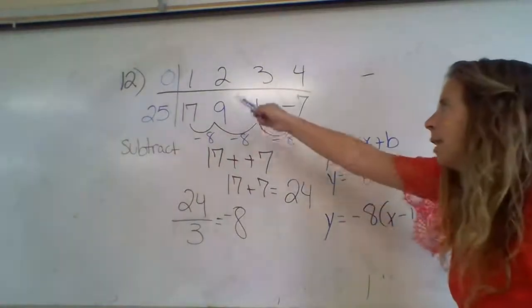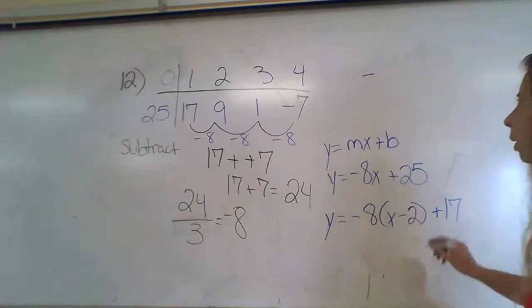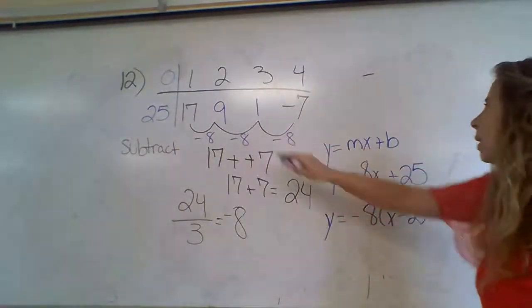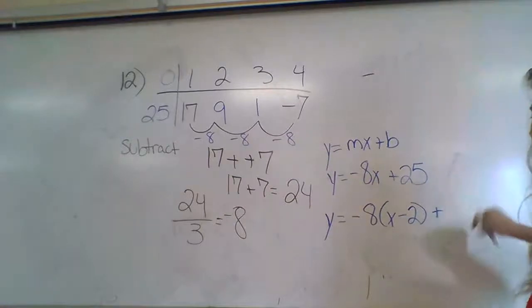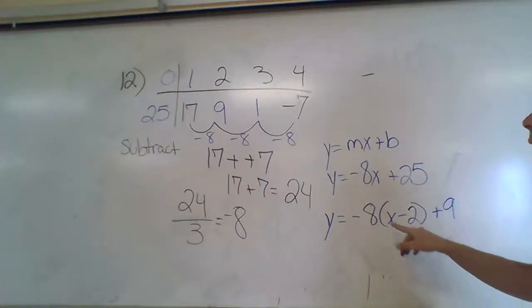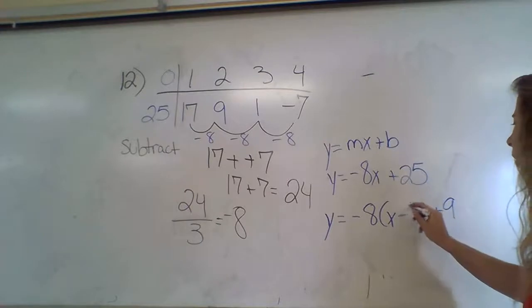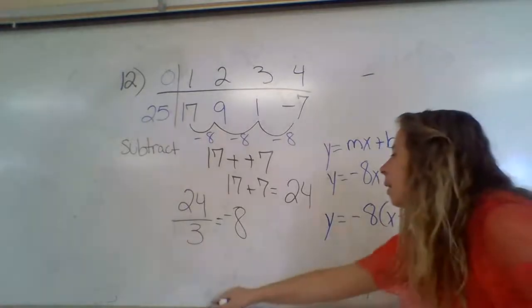1, 17. You could technically also do x minus 2, plus 9. You could substitute any point from your table into here. So you could do, when x is 3, y is 1.